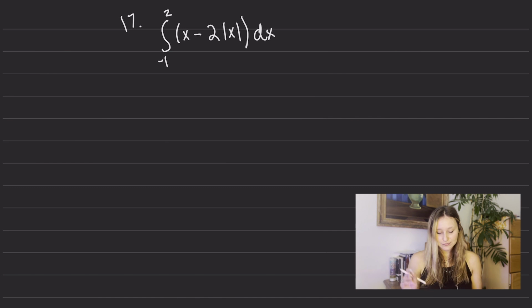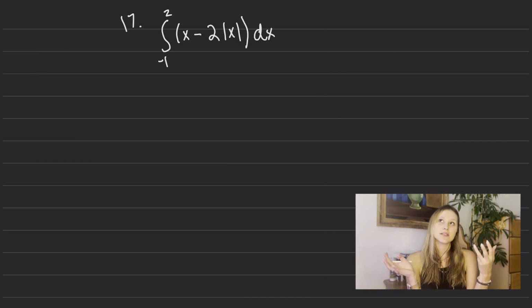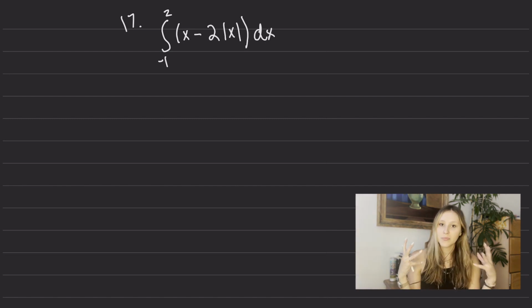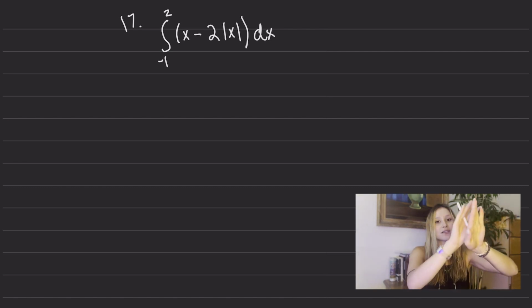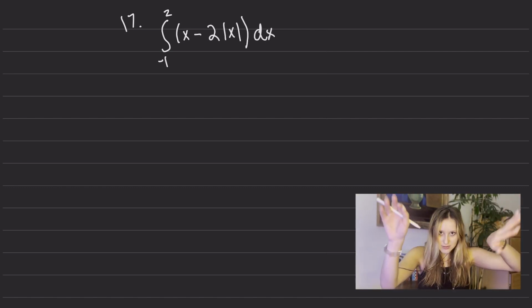Next. Okay, absolute value. Absolute value is going to be an interesting thing when it comes to integrals, because of the property that the absolute value function can never be negative. So our goal with this idea is to find where the function is negative and find where the function is positive, separate them into two separate integrals.